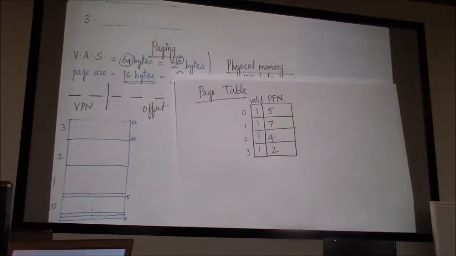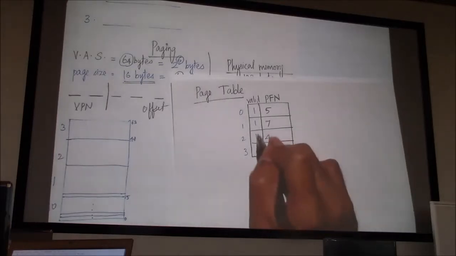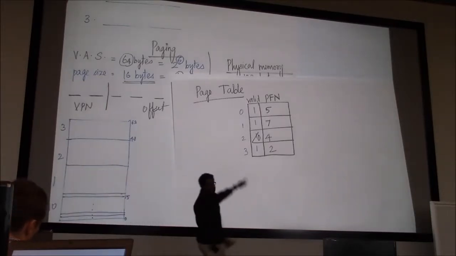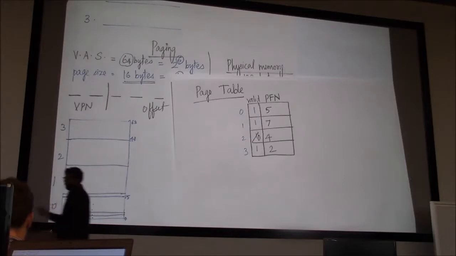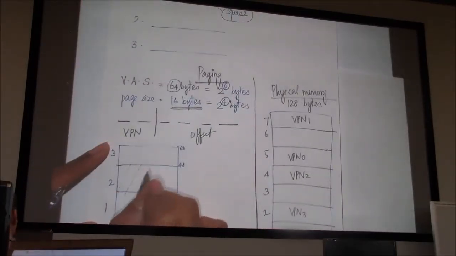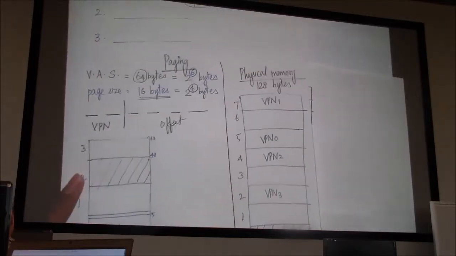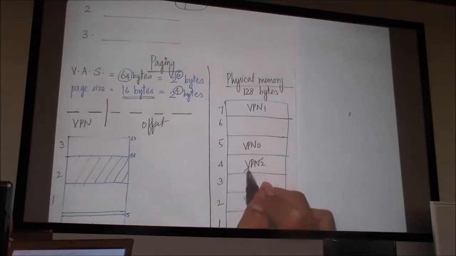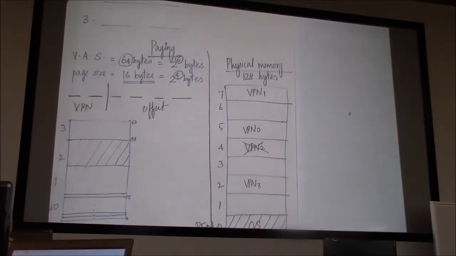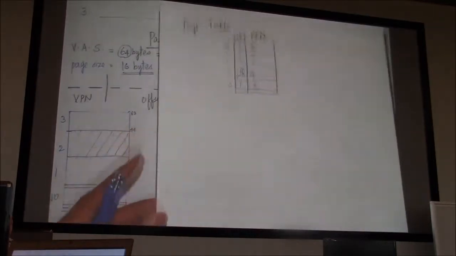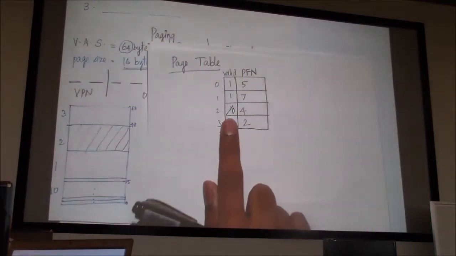If one of these bits, for example the second page, says it is currently invalid, all this means is this page is a free page, and so the operating system will not even allocate any space for it in the physical memory. This will not be here, and your page table will look like this.